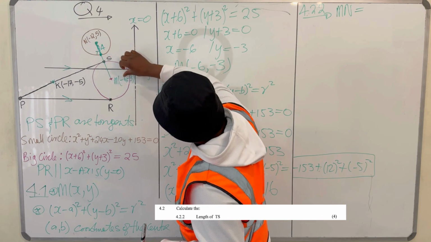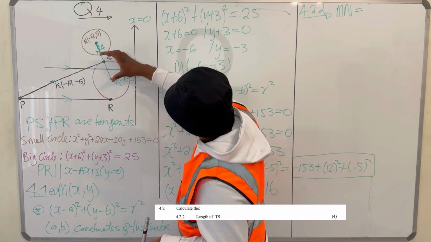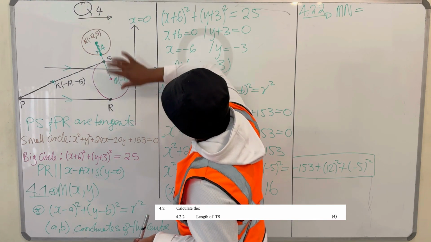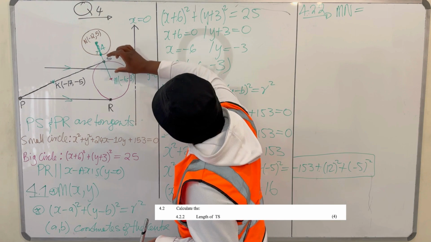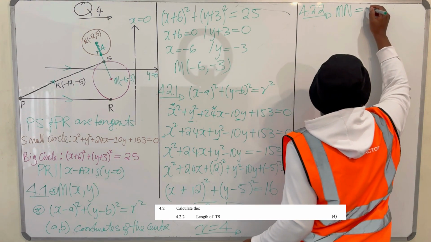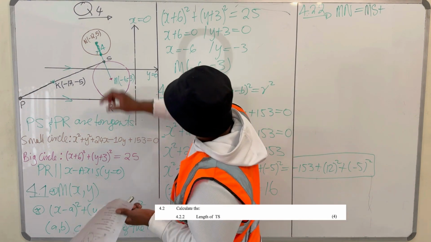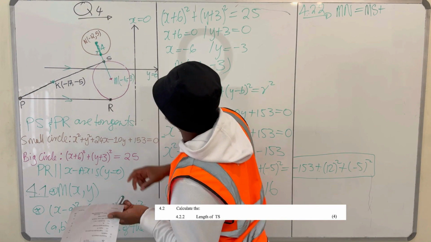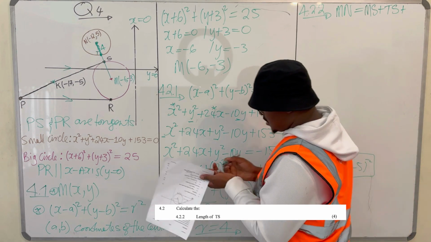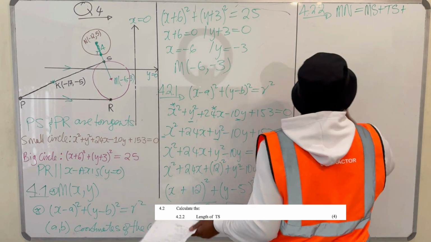Because the center of the large circle is M, and this is the point on the circumference S. And it also lies on that line MN. So the entire MN is equal to MS, which is this radius here, plus what? Plus TS, which is the distance that they want us to find. Plus the other thing, plus the distance TN, which we know is 4.